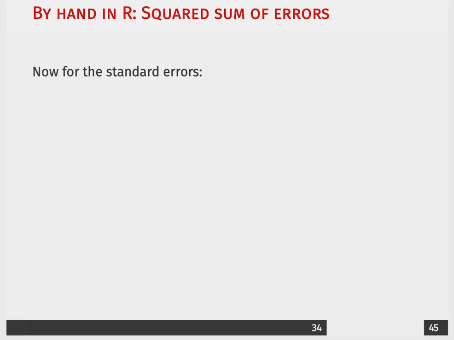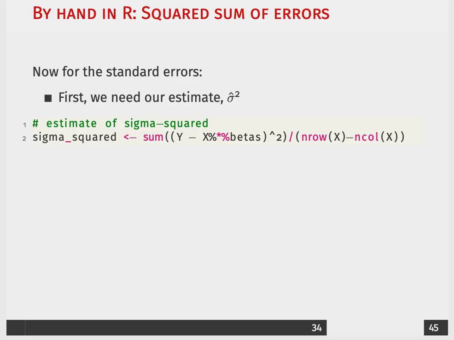Now that we have our estimated coefficients, let's construct the standard errors, or the bounds of uncertainty around those estimates. So if you remember, the first thing that we're going to need is an estimate for our sigma squared. And I'm not going to recount what that equation is, but here you can see in line 2 that that's essentially all that I'm doing. I'm taking the difference between our outcome Y minus X times those new estimated betas.